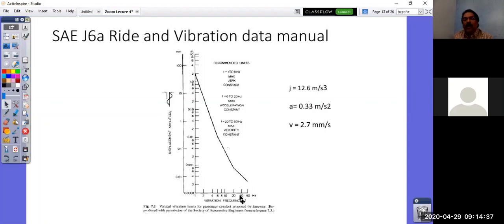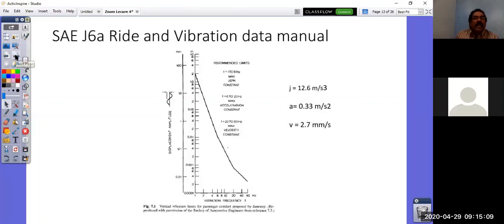For example, at 40 hertz, you should have a low amplitude of vibration as a boundary condition. So if the vibration felt at 40 hertz is so severe, that is what you understand from this. And these 3 zones are categorized based on jerk, acceleration and velocity. So these amplitudes can be obtained from the maximum values of these 3 parameters. This is what we have also seen in the last class.